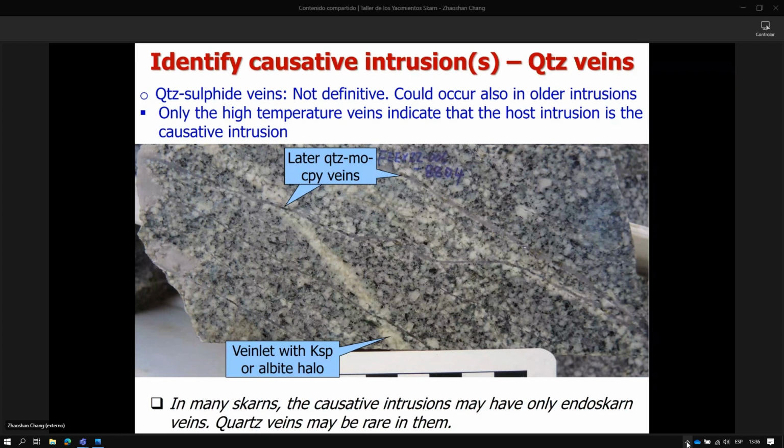That's related to the calcium. So outside, the calcium supply is abundant, so you form a lot more skarn. Then as you go inward, you are running out of calcium. Remember the quartz is silica in the solution. If there's nothing else, you just separate out as quartz.